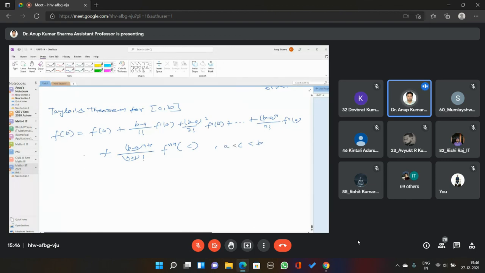In this case the lower limit is a and the upper limit is b. In the previous form, the lower was a and x was the upper.